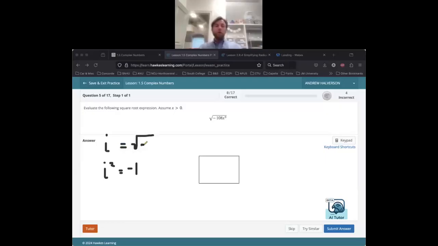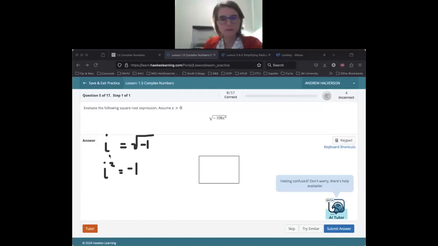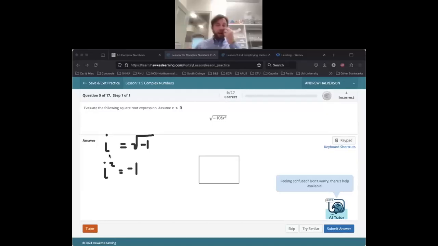I is the only thing that has a definition of a specific value, and because of that specific value, i squared also has a specific value. But otherwise, a generic x or a generic y, no. I is the only thing that has a value.